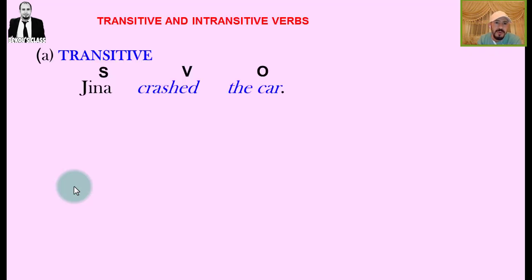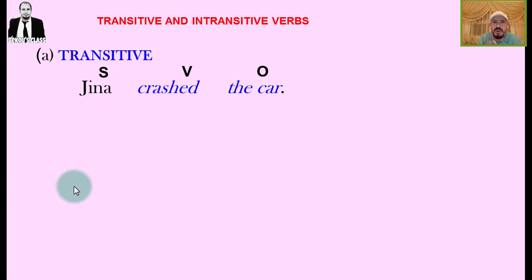Okay, so one thing that you should understand is that in the passive we should understand the nature of the verb. There are verbs that are transitive, and there are other verbs which are intransitive. What is transitive? It means they need an object, whereas the intransitive don't need an object.